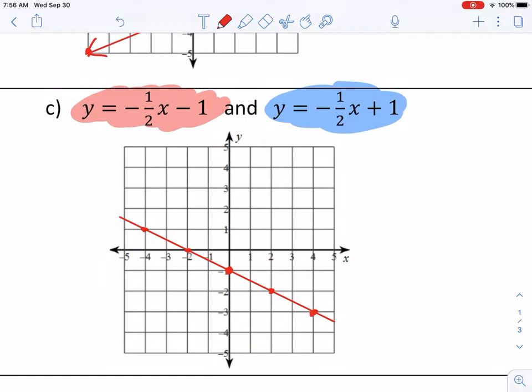And then for my blue equation, I'm beginning at +1 and moving down 1, right 2, or up 1, left 2, up 1, left 2. I can also go down and right, down and right. Now these lines probably aren't going to look perfectly parallel because I didn't use a ruler, but they are parallel.